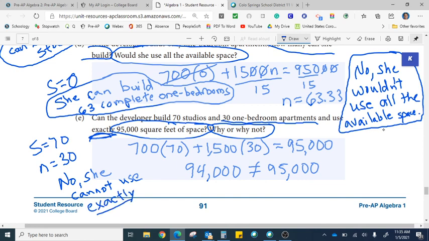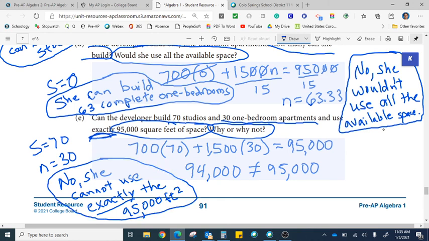They're talking about exactly the 95,000 feet squared with 70 studios and 30 one-bedroom apartments.